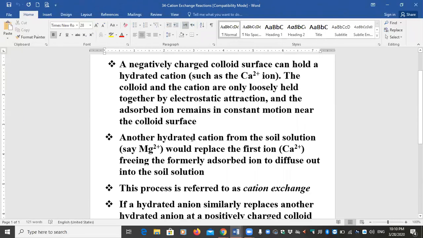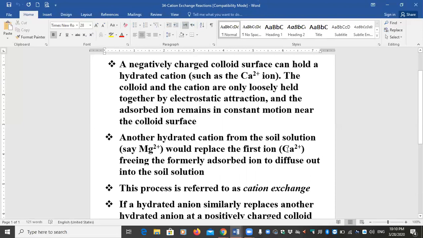Another hydrated cation from the salt solution, say magnesium, would replace the first ion, which is calcium, freeing the formerly adsorbed ion to diffuse out into the salt solution.